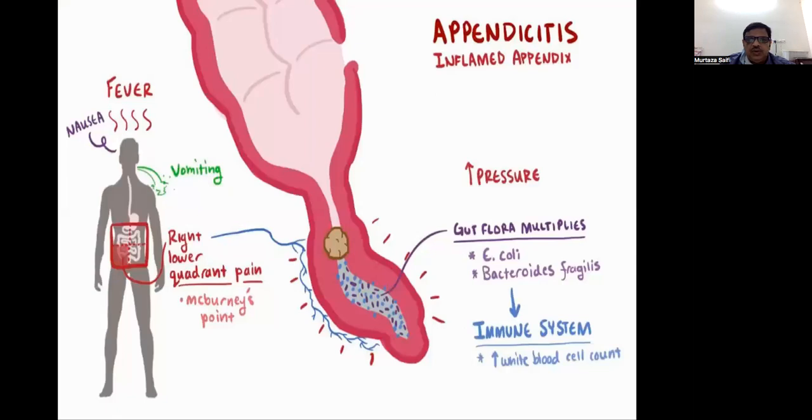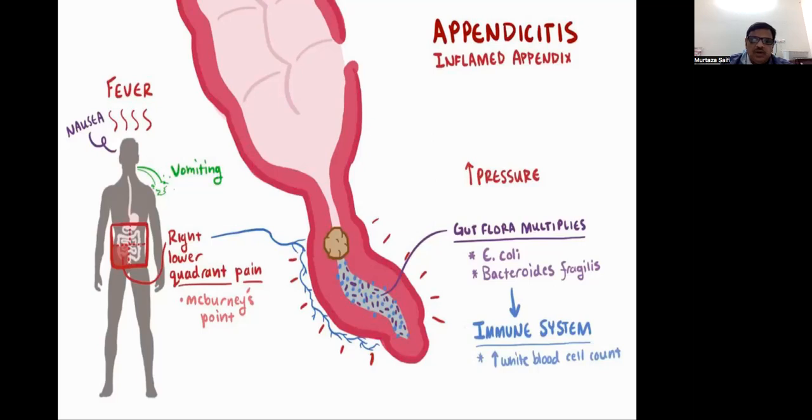This picture also shows appendicitis, an inflamed appendix. The patient has fever, nausea, vomiting, right lower quadrant pain, and tenderness at McBurney's point. The inflamed appendix causes increased pressure, gut flora multiply, E. coli and bacteria, decreased immune system, and increased white cell count.